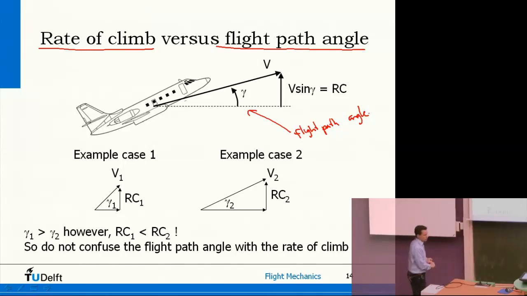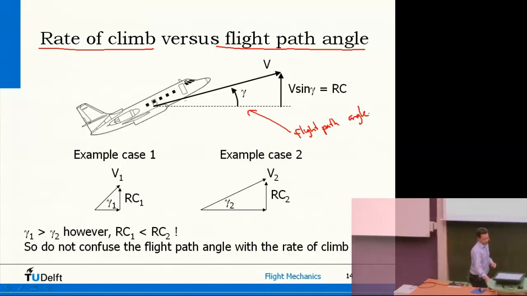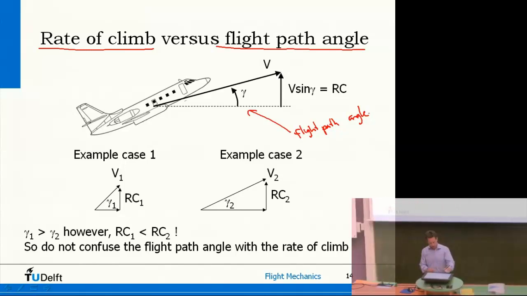So you can imagine that, let's say we're in case number 1, and at a certain airspeed where you have a certain lift coefficient, so certain aerodynamics, you can actually climb pretty steeply at a fairly low airspeed. Now this is of course a bit exaggerated. You'll never climb that steeply, but it's just to show you the picture.